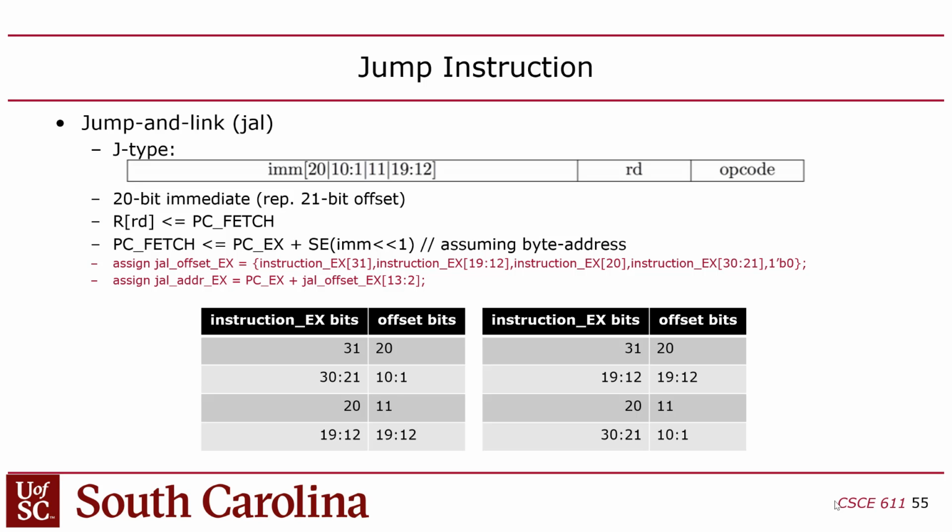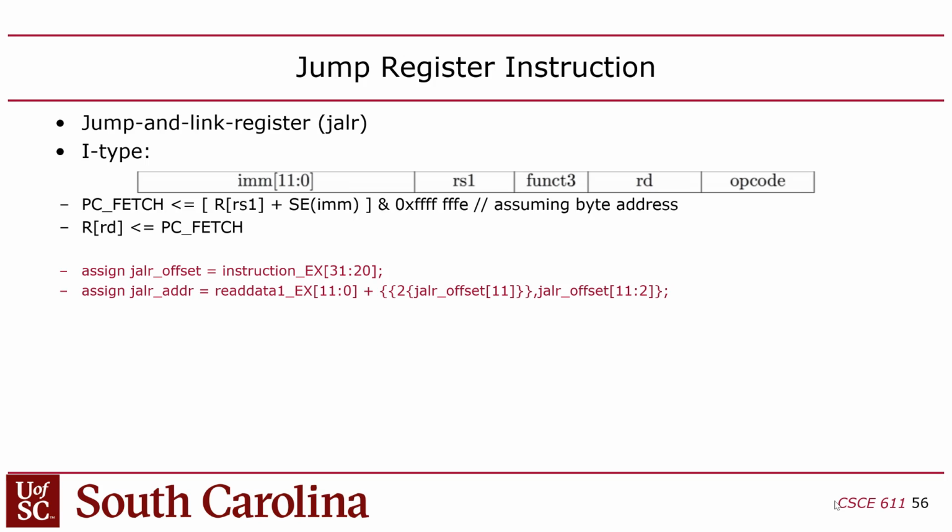PC source is selecting between PC plus 1, which is what you used before, just go to the next instruction, or the branch address, the JAL address, or the third one, the jump register address, JALR address. So there are 3 potential target addresses in the instruction, depending on if that instruction is a branch or a jump or jump register. You guys with me?